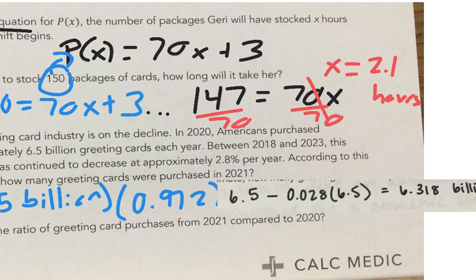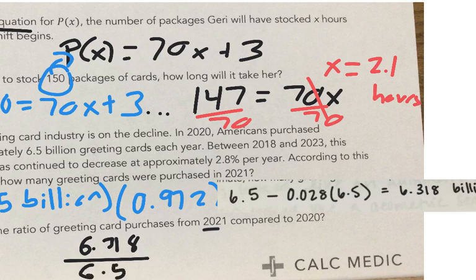What is the ratio of greeting card purchases from 2021 compared to 2020? They're talking us through. Okay. So, what were the purchases in 2021? 6.318 in 2021 compared to 2020, which is 6.5.